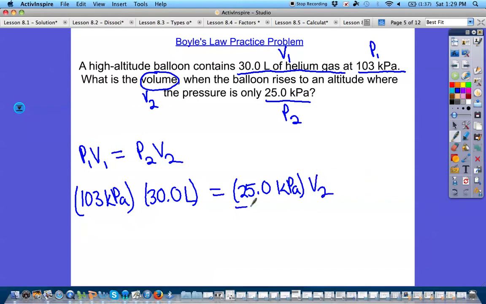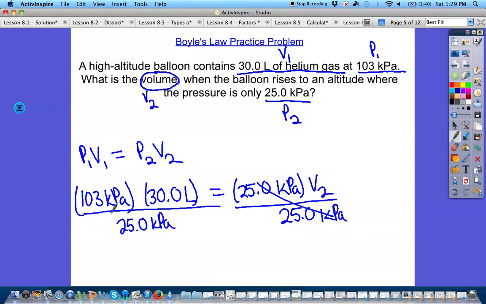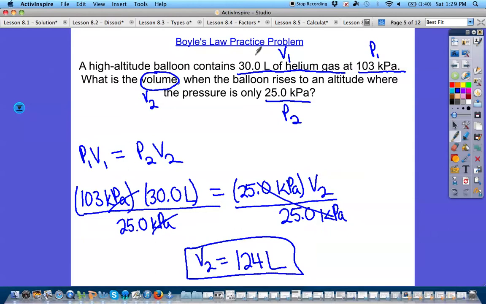So then we just need to divide both sides by 25 kilopascals to get V2 by itself. Kilopascals is going to cancel. So V2 equals 103 times 30 divided by 25. And I got 124 liters when I did my calculation. I rounded to 3 sig figs because I was given 3 sig figs throughout the problem.